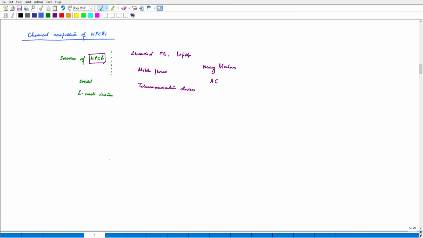Let us see what we are looking at when we are seeing the category of WPCB. So we have waste electronic components. And why are we talking about waste electronic components? Because it's a part of the PCB. So let's say this is a very rudimentary schematic of a printed circuit board.